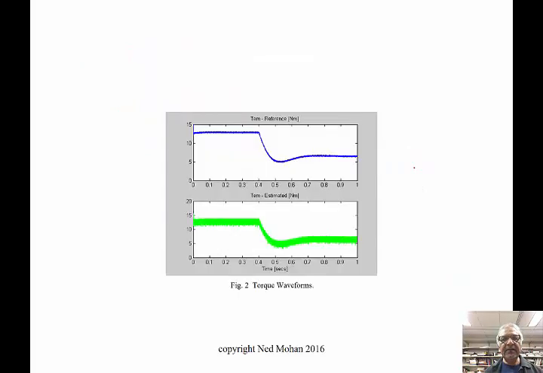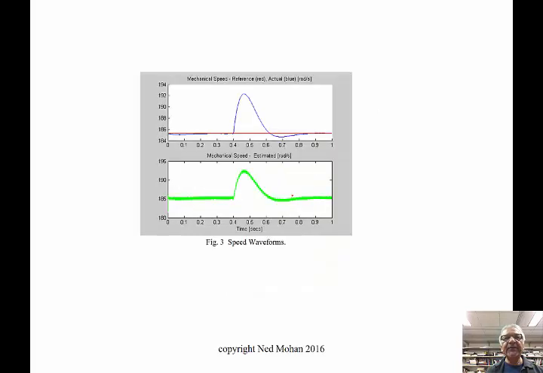So the results we see in this slide here, where we have this reference torque coming in and then the estimated torque over here, they pretty much have the same waveform in both cases. And then we have the reference speed in red, which is constant, and then you have actual speed in blue here, and this is the estimated speed over here.